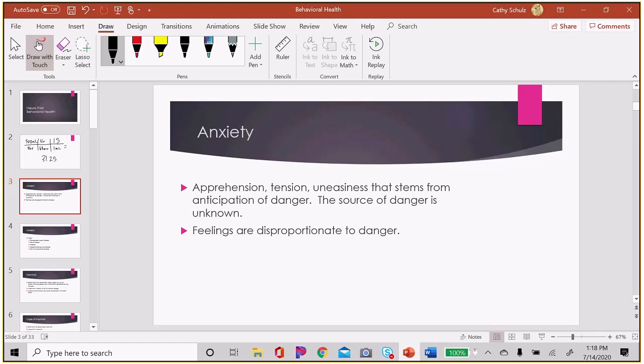So anxiety, the definition is apprehension, uneasiness, anticipating danger, but you can't pick what the danger is. So you feel revved up, like something bad is going to happen, except that there isn't any danger, or what you feel is dangerous is really, your feelings are way more than is necessary for that feeling of danger.